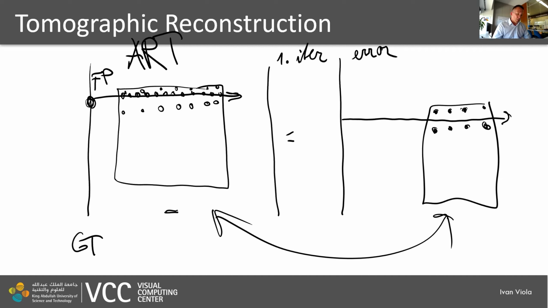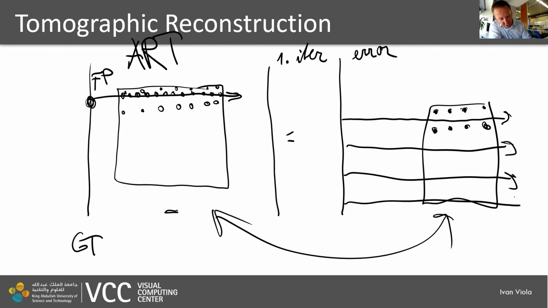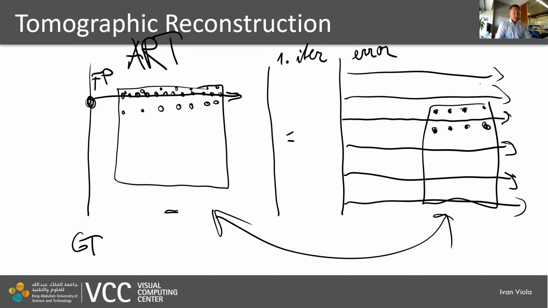Now, we don't do this only for one ray, but we do it for all the pixels, if you like, on the projection plane. And we calculate the error term for each of these. And not only for this one direction, but we can do it for all the available directions.